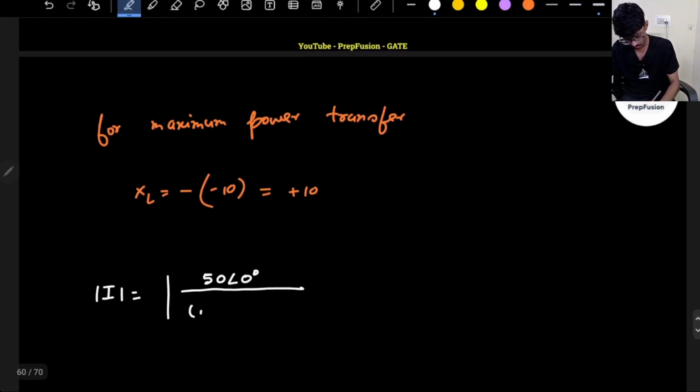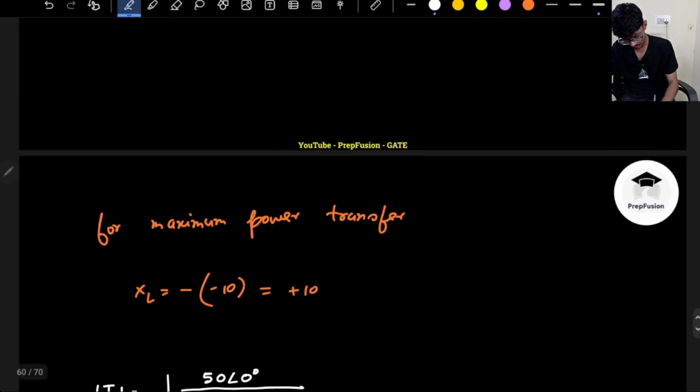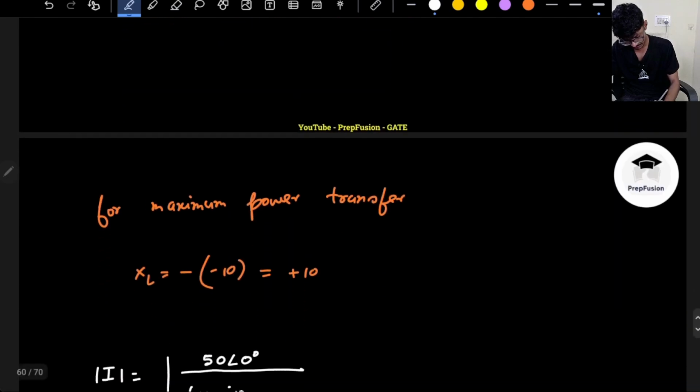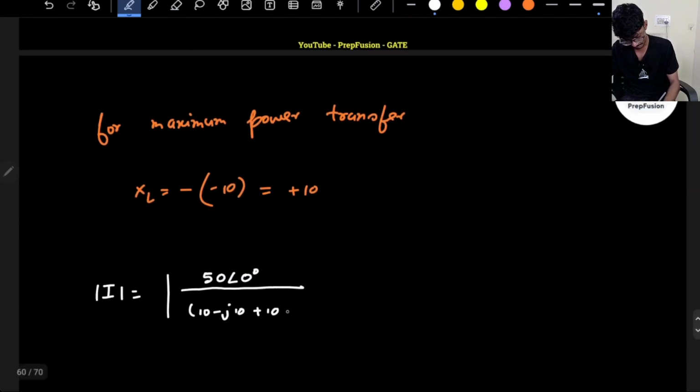So the magnitude of 10 minus J10 plus 10 plus J10 is 20. So this will be 5 by 2, because the imaginary part is totally gone.